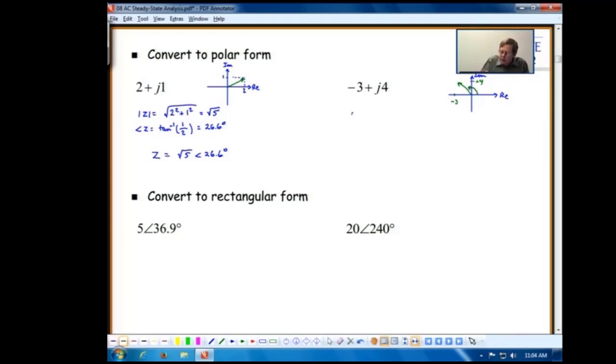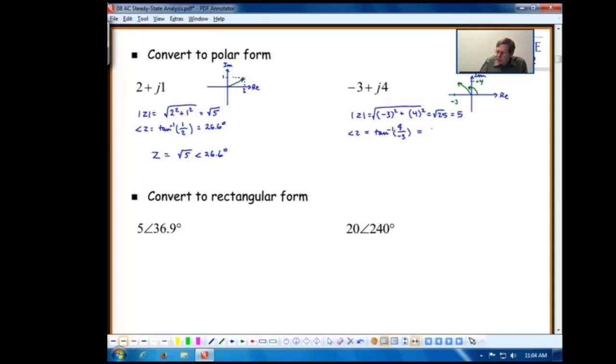So let's start with the magnitude first. Magnitude of z is the square root of the real part squared, minus 3 squared, plus the imaginary part squared, and that's root 25, which is 5. Then the angle of z is the inverse tangent of imaginary over real.